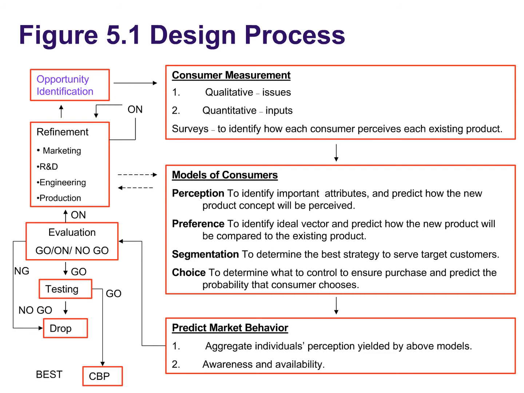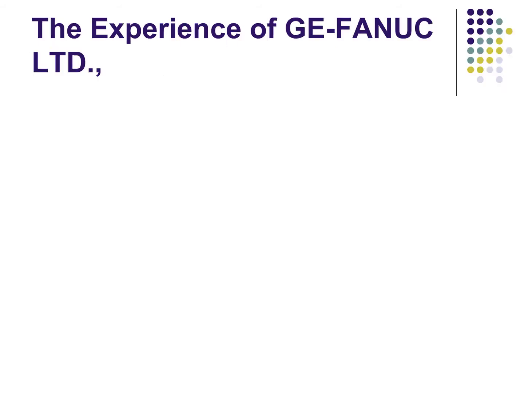Hope this diagram provides you with a good overview of what will be included in the design process. Before we get into the details of the design process, let me explain to you about the experience of Ch05.